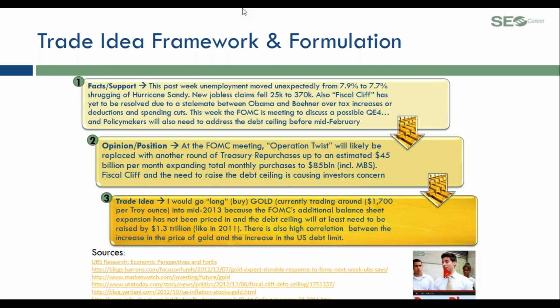So that's the framework of what is going on in this trade idea of buying gold. While it's easy to say I like gold, I think it's a good asset to own, and gold's always going to retain its value, it's a physical asset.